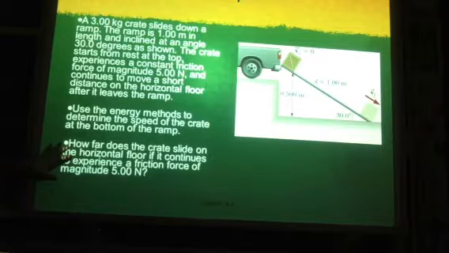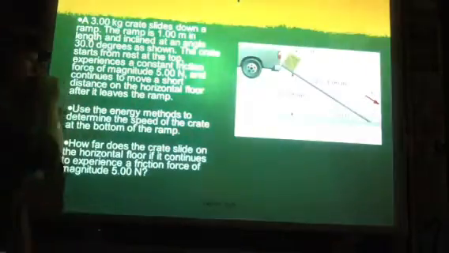So in this question, it says, how far does the crate slide on the horizontal floor if it continues to experience a friction force of magnitude 5 newtons? So the crate has reached the bottom of the ramp, and now it's just sliding on that horizontal floor.